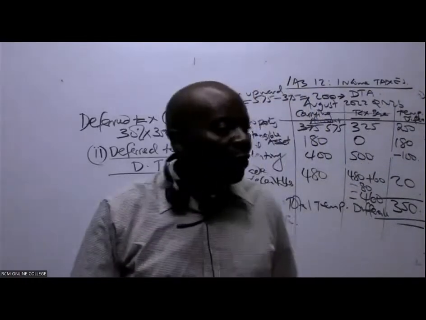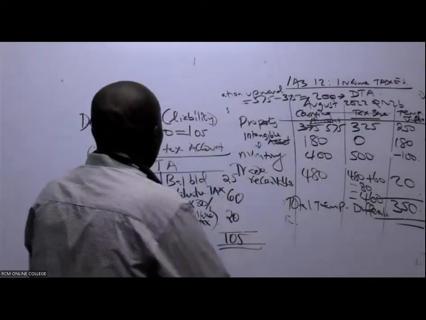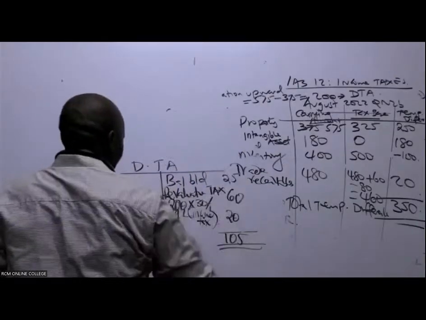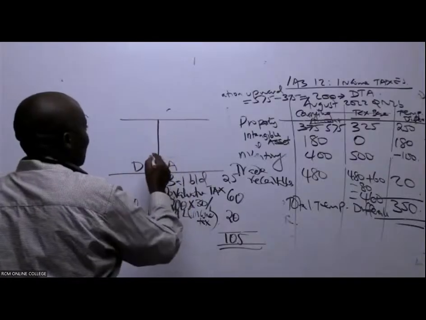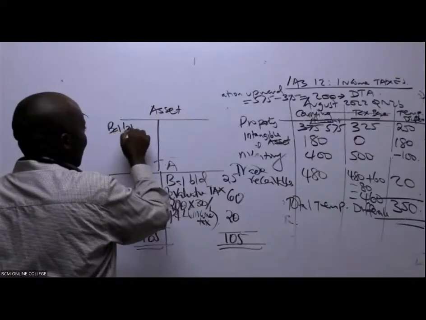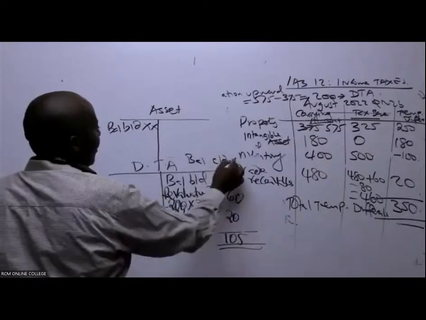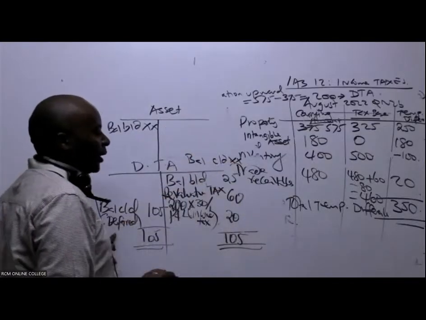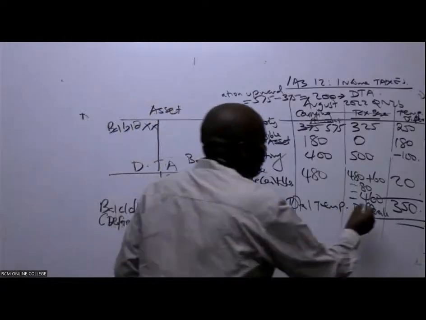Normally, when you have any asset, remember from double entries, like a motor vehicle, you bring down here, balance brought down here, balance carried down here. Now, when it's a liability, you do the opposite, like what you've done here, balance brought down here. So assuming that this amount was to be negative, no problem.